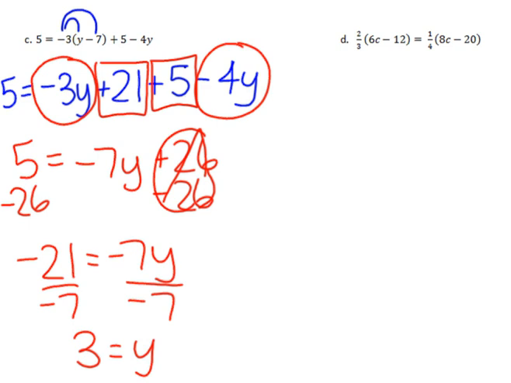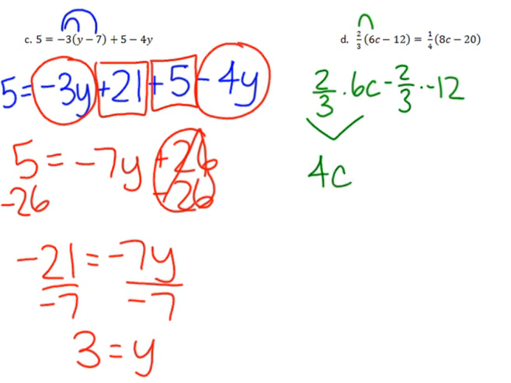And on part D, we're going to do the same thing with some fractions. So 2/3 times 6c minus 2/3 times negative 12. This first part would be 12/3, which is 4c. Negative 2/3 times negative 12 would be positive 24/3, which would be positive 8.